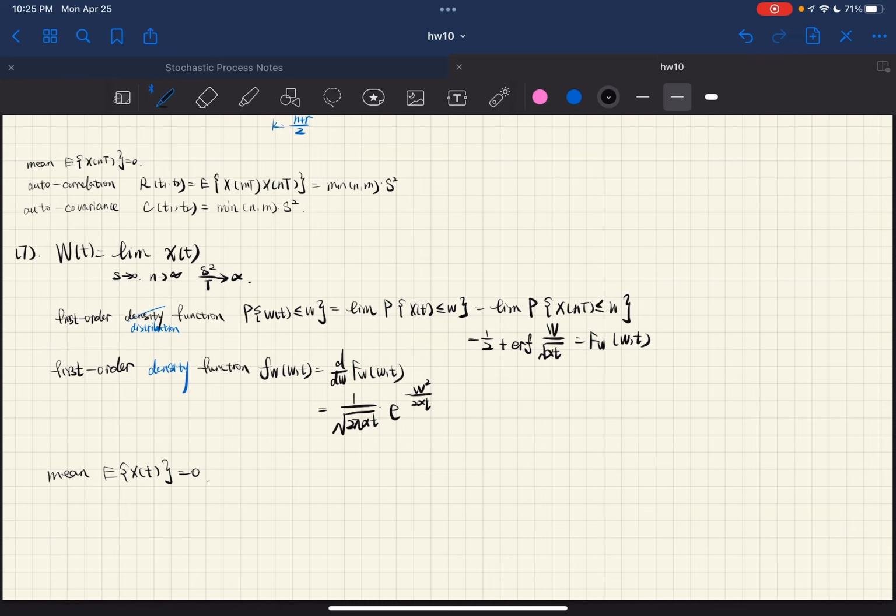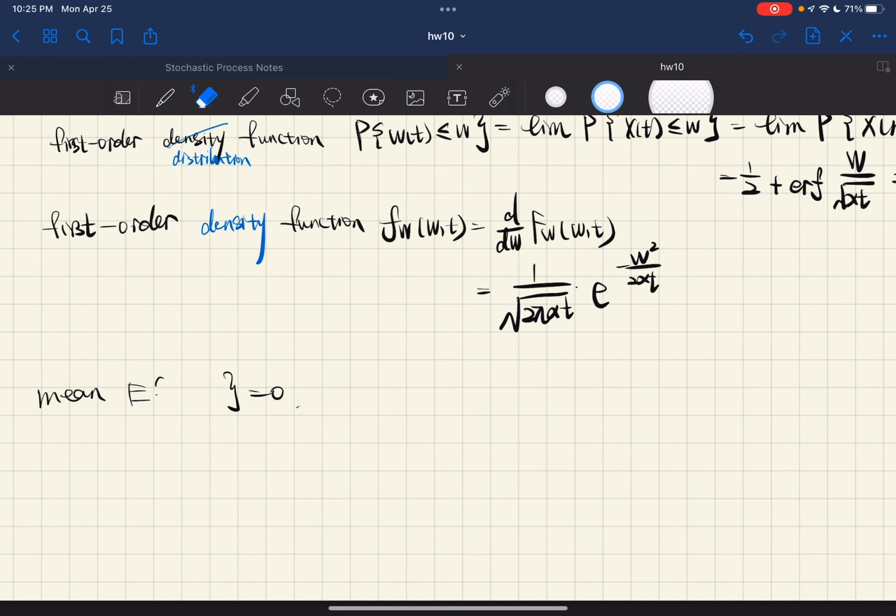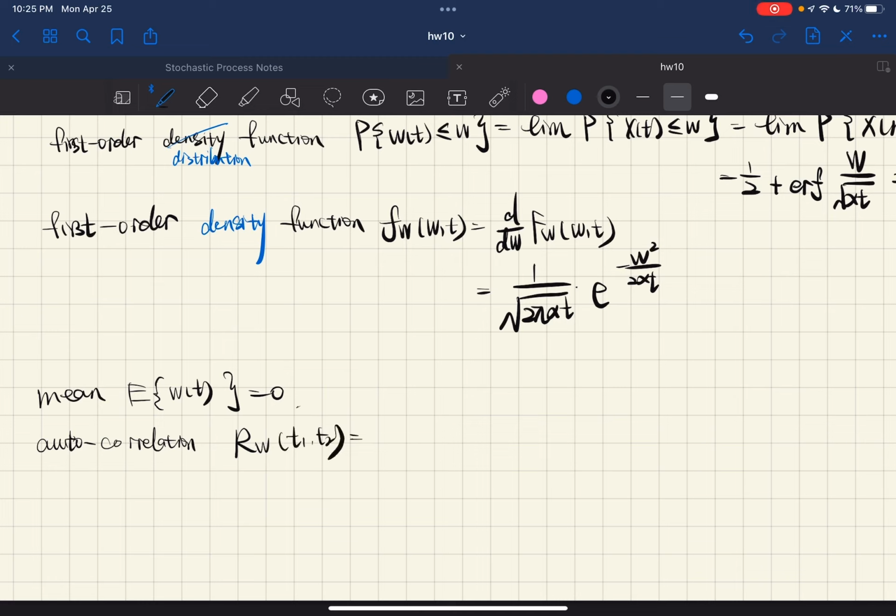Sorry, this should be W. And for the autocorrelation of t1 and t2, we just plug in the limit plus the autocorrelation we derived for the random walk, and it equals alpha times the minimum of t1 and t2.